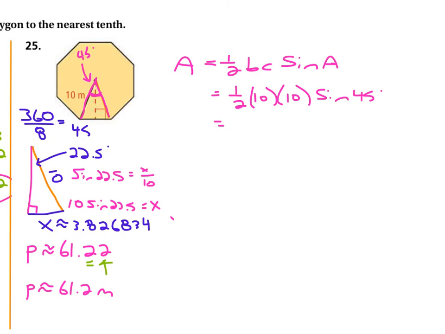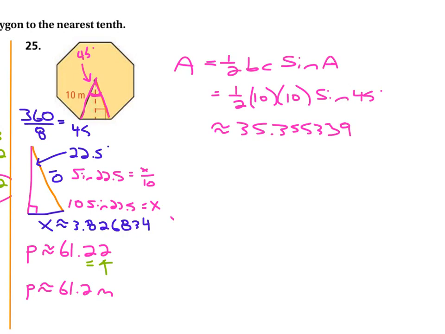That's the area of one triangle. So that's approximately equal to 35.355339, whatever. I'm keeping it in my calculator, but that is only one of those 8 triangles.